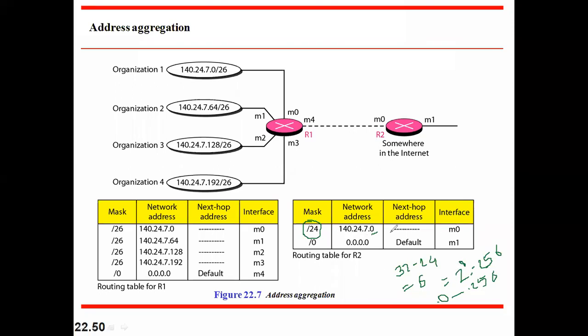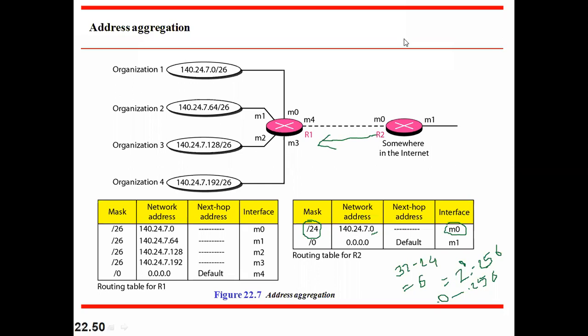For example, if the address 140.24.7.124 is received, the router looks into the table, and yes, it is in 0 to 256, so it is connected with the interface M0. Immediately it is transferred to this network.